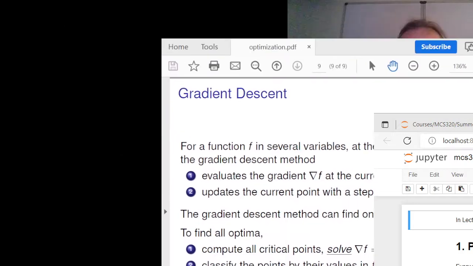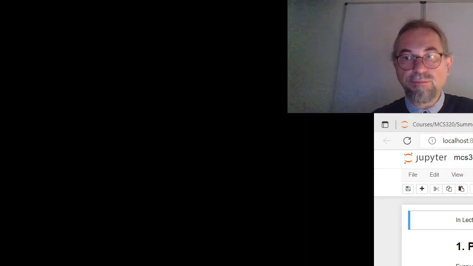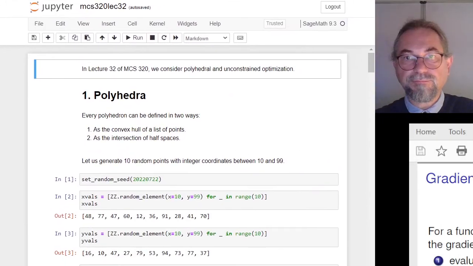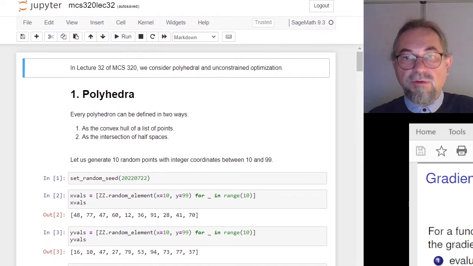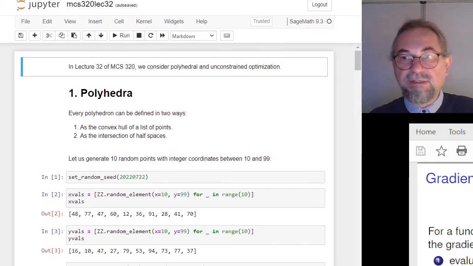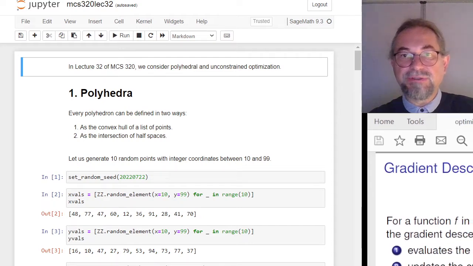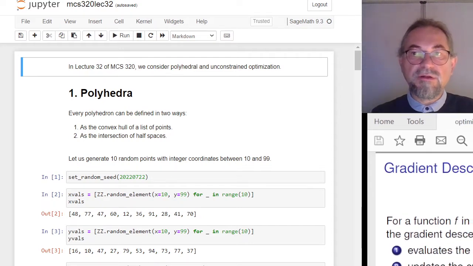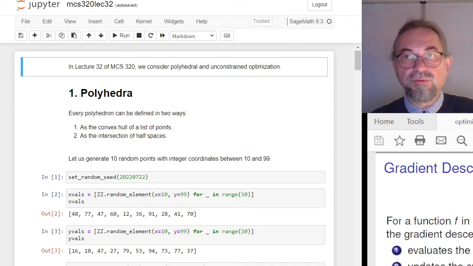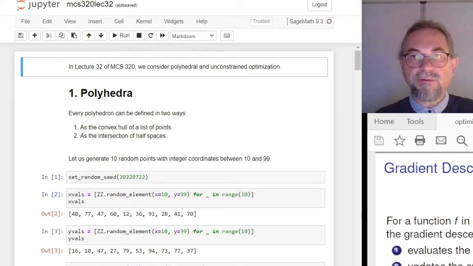Let me switch to the Jupyter notebook, which I have prepared. I will illustrate the H representation and the V representation of polyhedra before starting to go into a tutorial that uses the examples that are provided by SageMath.